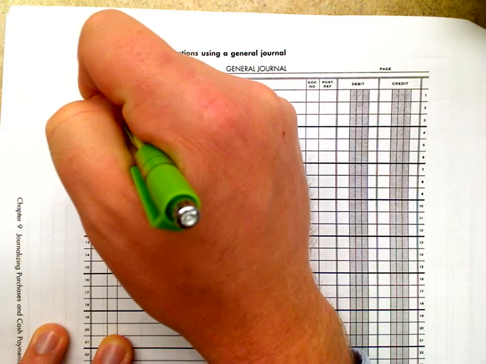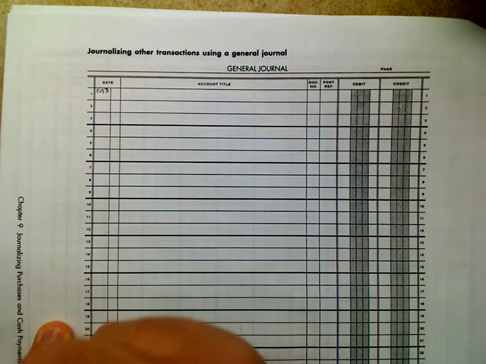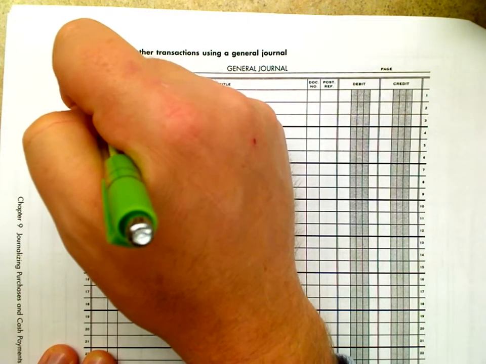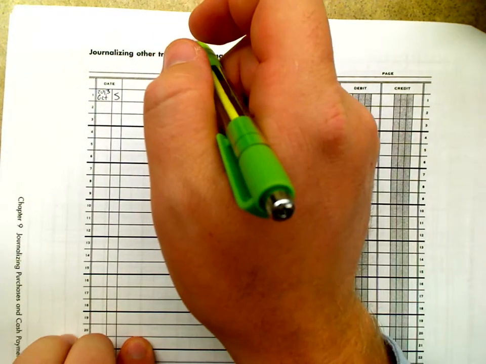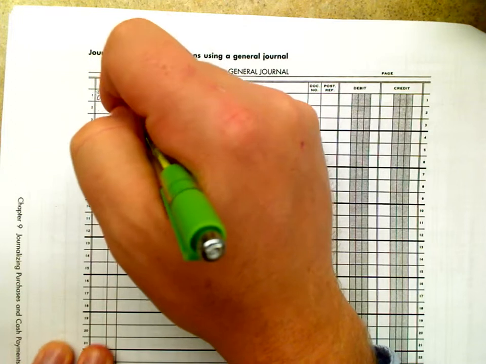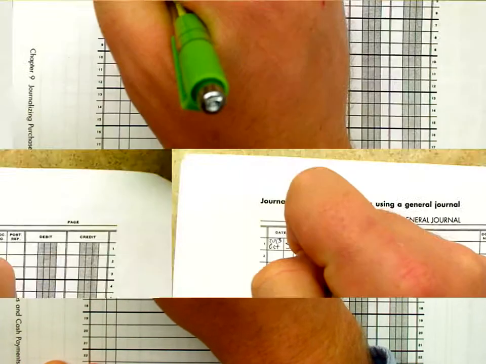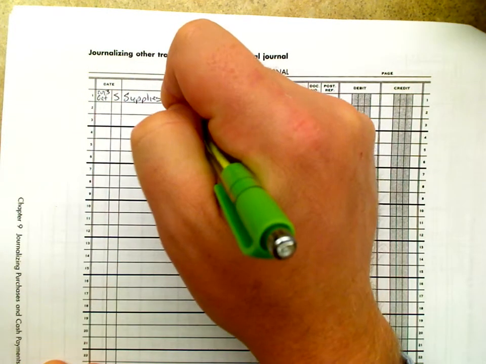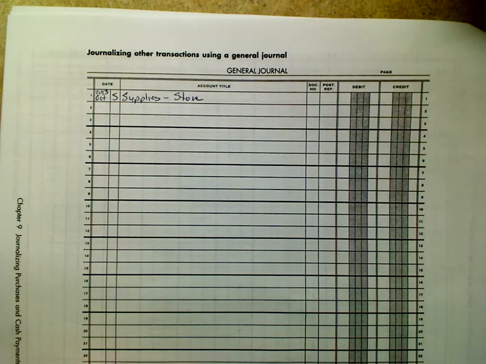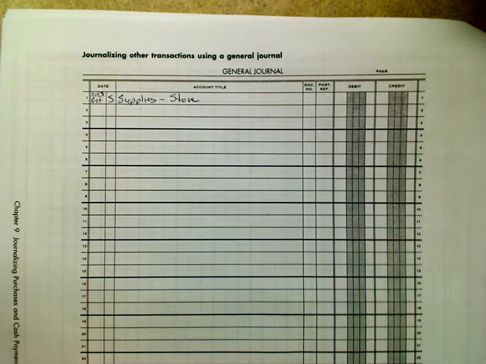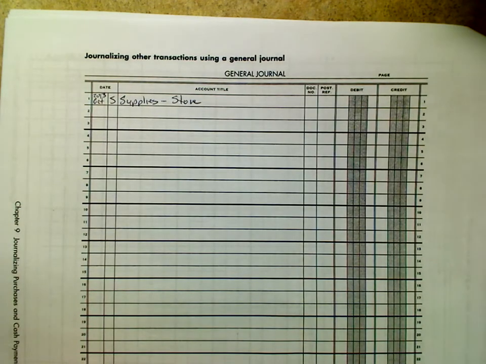So this is 2013, October 5th. Supplies store is still debited, and that's for how much? 180.